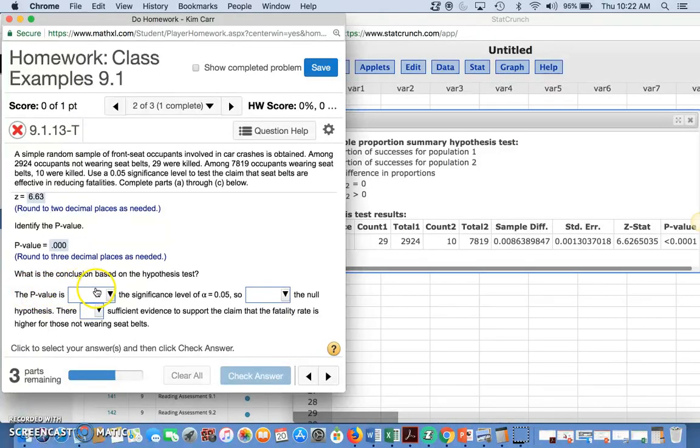The p-value, okay, we're comparing it with this .05 significance level. This p is less than the significance level. It's less than the significance level of alpha equal to .05. So, reject the null hypothesis. There is sufficient evidence to support the claim.